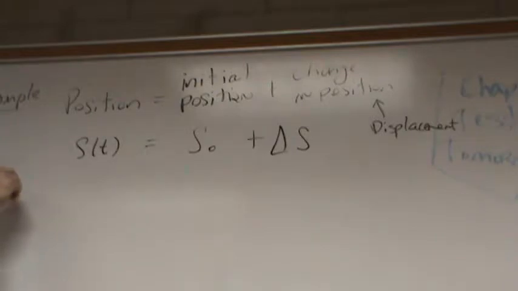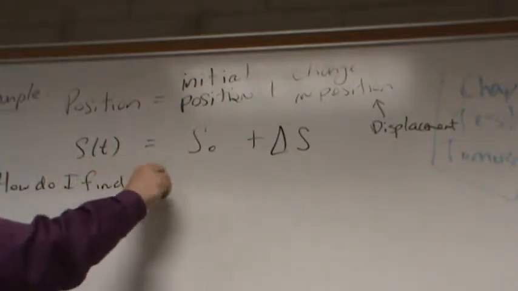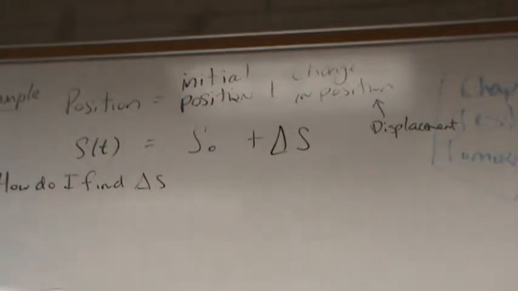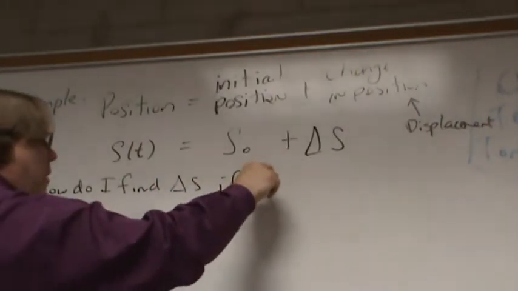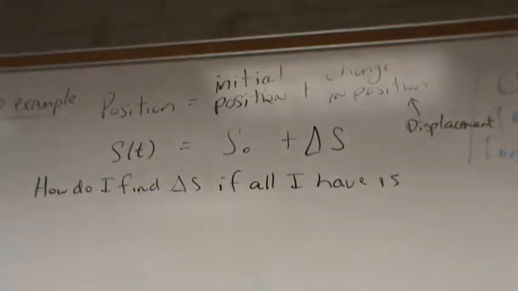So how do I find delta S if all I have is a formula for the rate of change of the position?